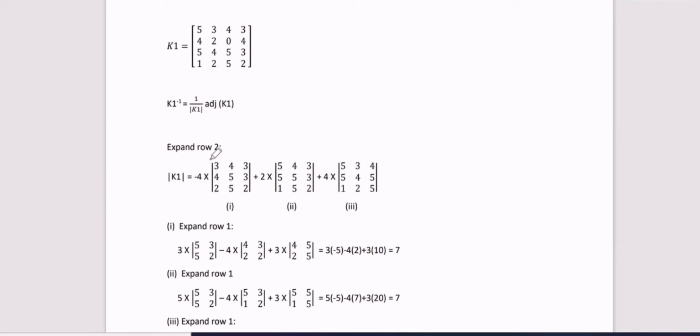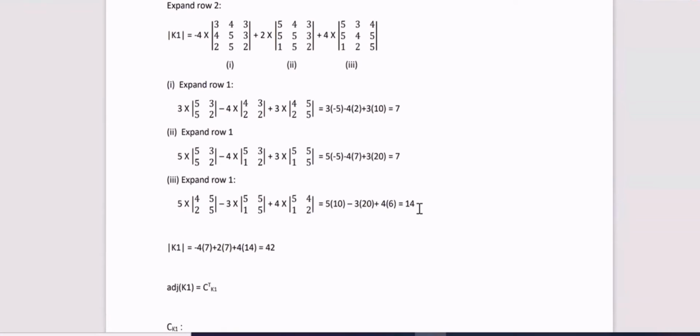I choose row 2 to expand, as it contains 0, to make my calculation easier. As a result, I got this equation, which I need to expand again. As I expand this one by one, for 1 I got 7, for 2 I got 7, and for 3 I got 14.